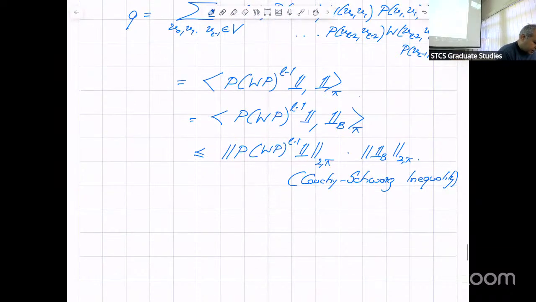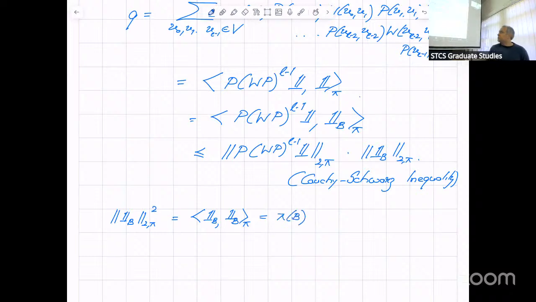So let's first understand the norm of this vector 1b in L2 pi squared. This is just 1b in the pi world. So I claim this is just pi of b, which is mu. So this quantity is square root mu.